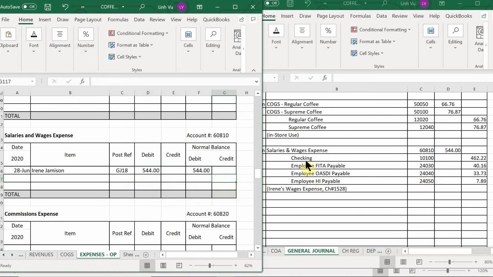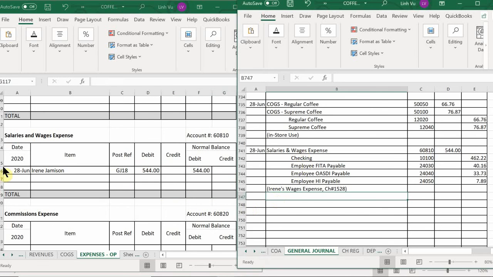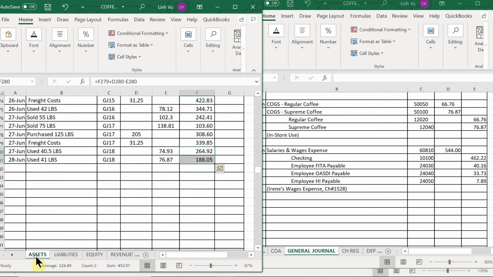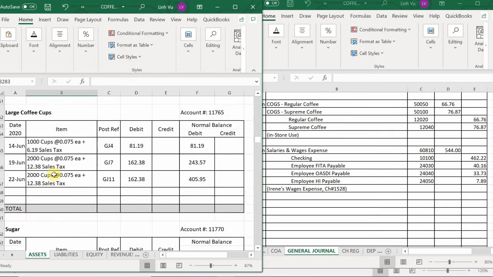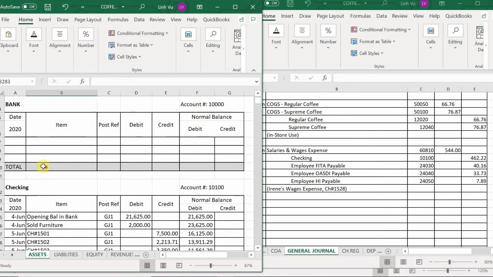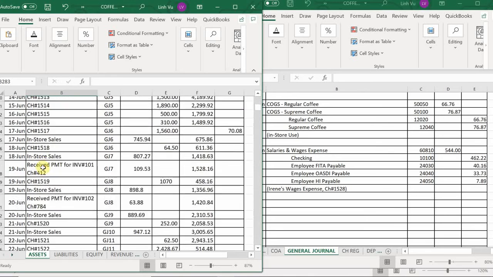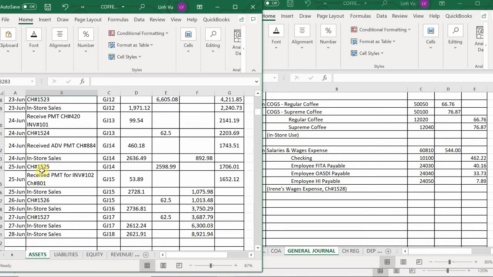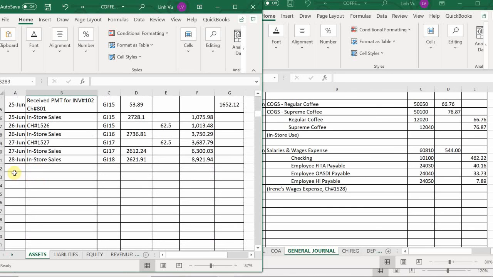Okay. Let's see what's next. You can do checking. Check number 1528, and you can actually write paycheck if you want to.